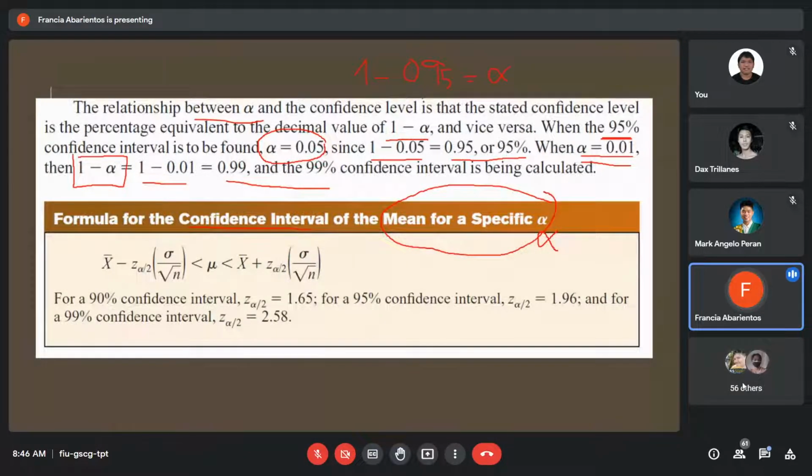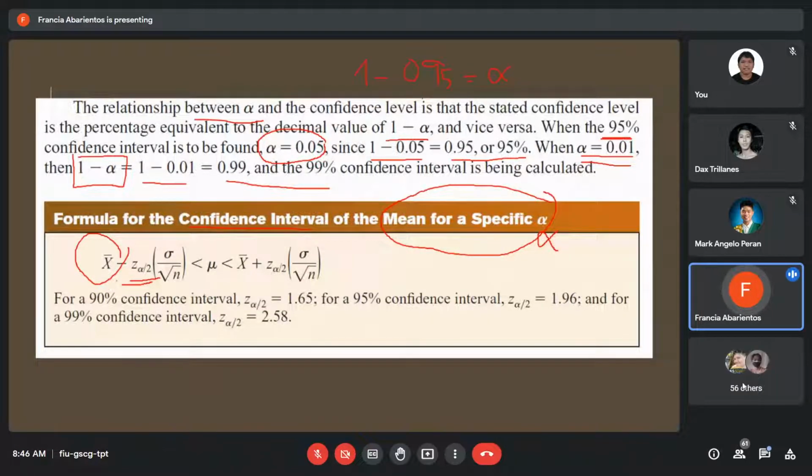Okay, so this is the general formula of finding the confidence interval of the mean for a specific alpha. We have the sample mean, minus the z. Etong z class, babalikan natin to. We have the z table, di ba? Natatandaan pa ba yun, class? Yung table na ginamit nyo? Okay.